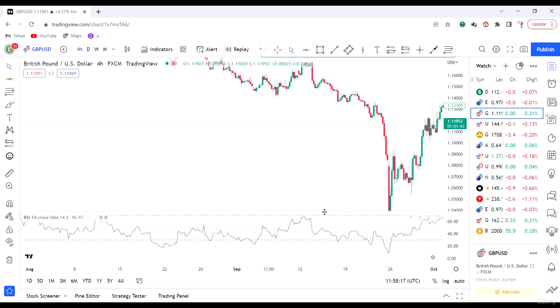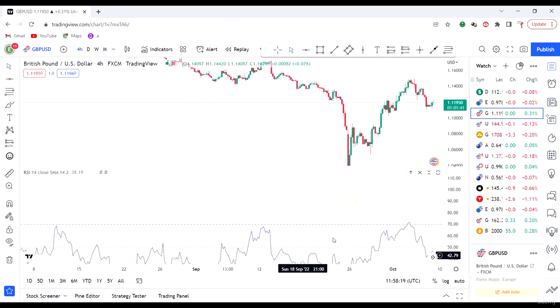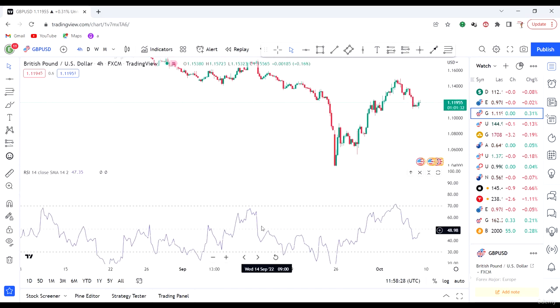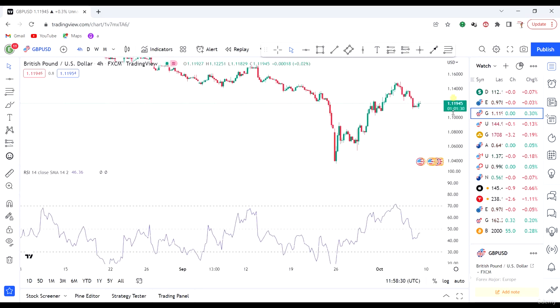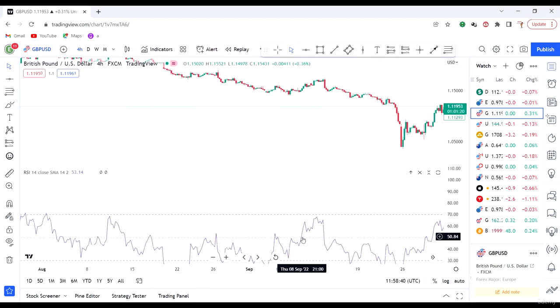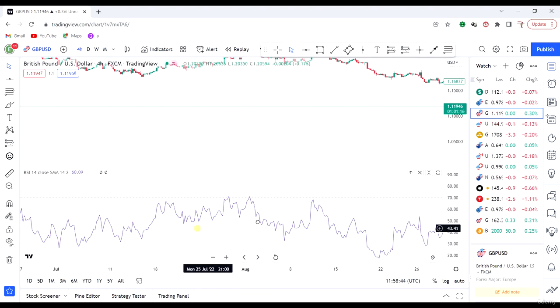So when the market starts crossing above, we now tell ourselves that we've entered a period of buying. Some traders also use this tool by focusing on the 50 level here. Some traders might say that when prices are trading below the 50 level, it means the momentum for selling is strong. When prices are trading above the 50 level, it means the momentum for buying is strong.